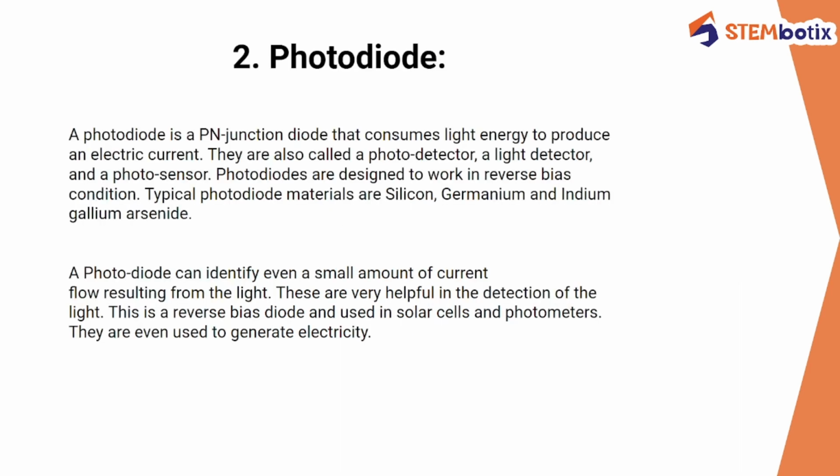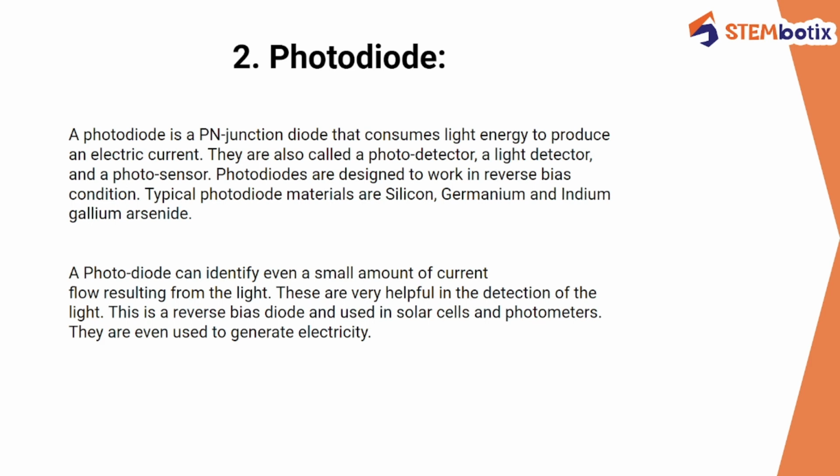Now the second type is the photodiode. As its name has photo, these have a high sensitivity when exposed to light. So it has a sensitivity towards light. Whenever the light falls onto them, they have a higher speed of operation.